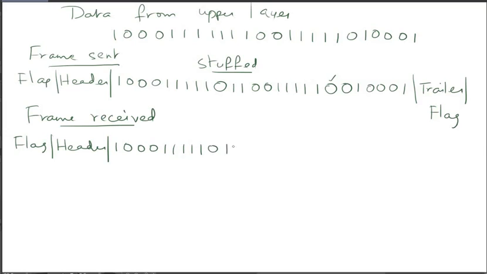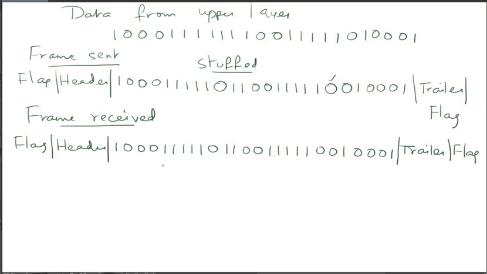We have 2 ones, 2 zeros, 5 ones, 0 0 1, 0 0 0 1. Then after this there is the trailer, then finally the flag. So this is the frame which is received.